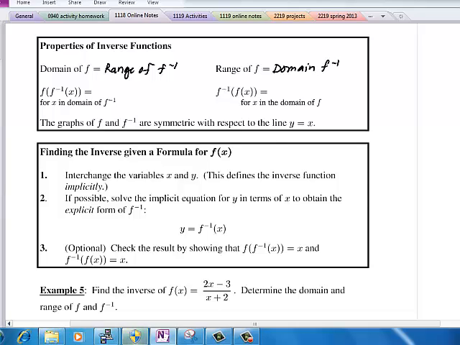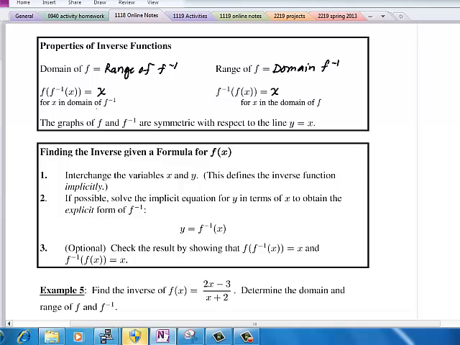When we compose a function and its inverse, we should get back to where we started because one undoes the other. So if I take an input x, I put it into f inverse, and then I put it into f, I should come back to where I started, and that's x. We want to make a note that it's only good for x in the domain of the inside function.